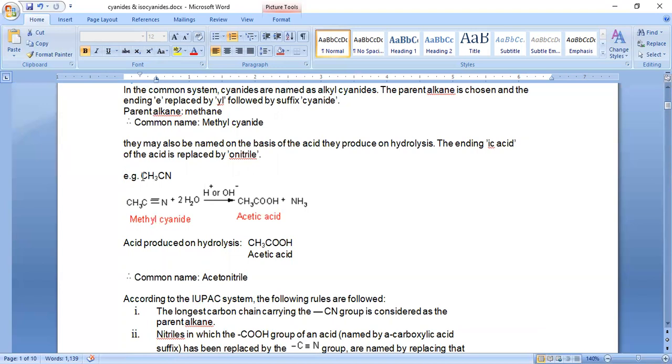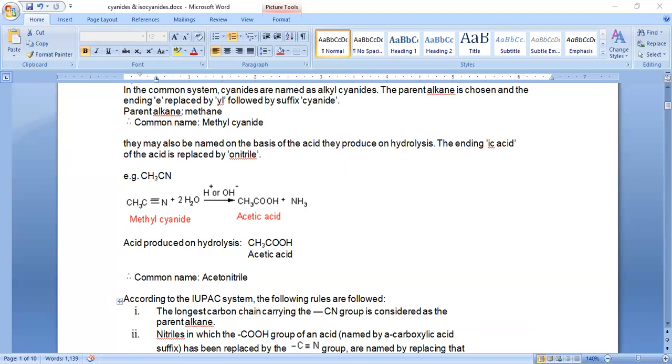Here this is methane, and the last letter E should be replaced with YL, so methyl, and the suffix is cyanide. So the name of this compound is methyl cyanide. I will show you one example. So this is our cyanide.